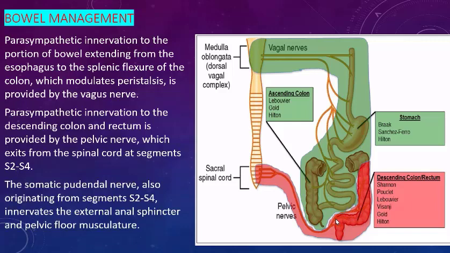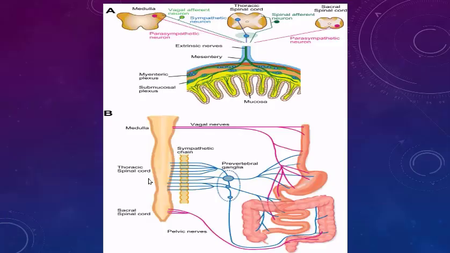The somatic pudendal nerve also originates from segments S2 to S4 and innervates the external anal sphincter and pelvic floor muscles. So the external anal sphincter is supplied by the pudendal nerve, and the pelvic floor muscles are also supplied by the pudendal nerve. This is a more clear picture.